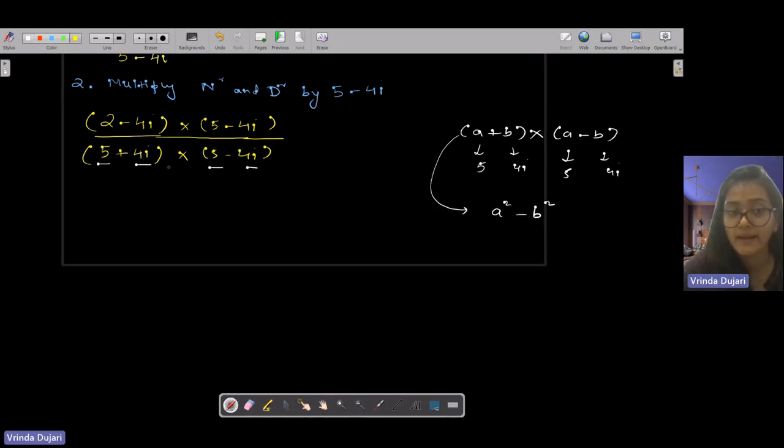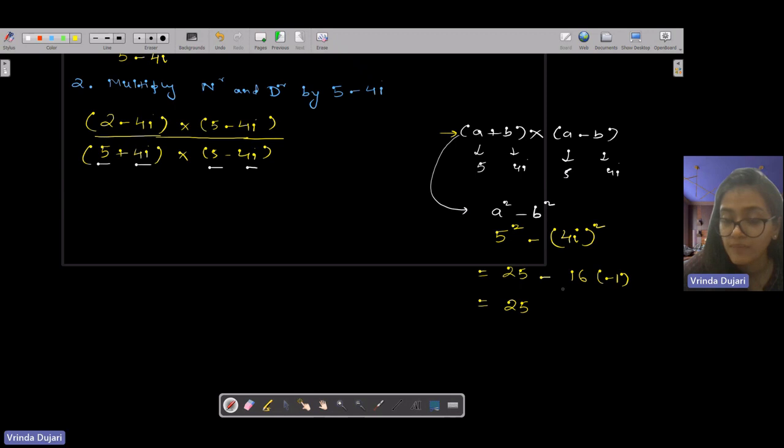So 5 plus 4i times 5 minus 4i will become 5 square minus (4i) square. I'm simplifying the denominator separately over here. So 5 square is 25, minus 4i square. 4 square is 16 and iota square is -1. So I get 25, this will become -16 times -1, that is positive 16, which is nothing but 41.